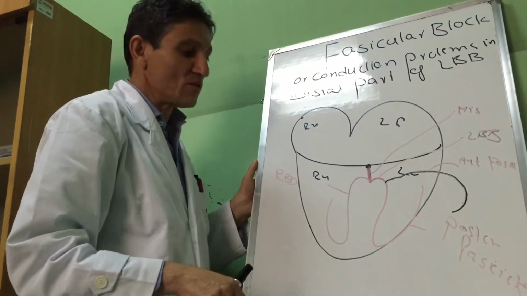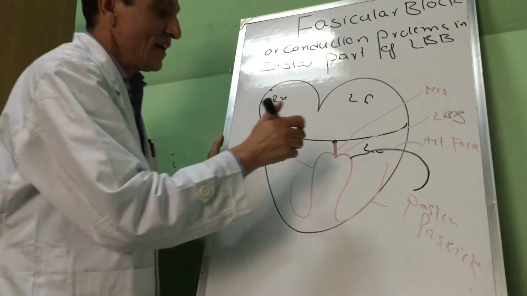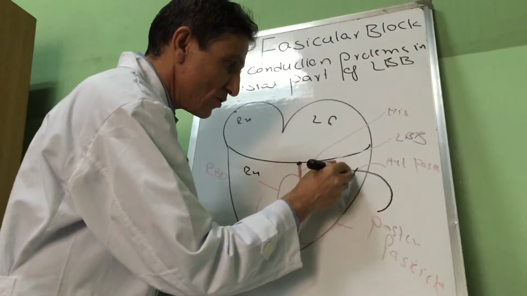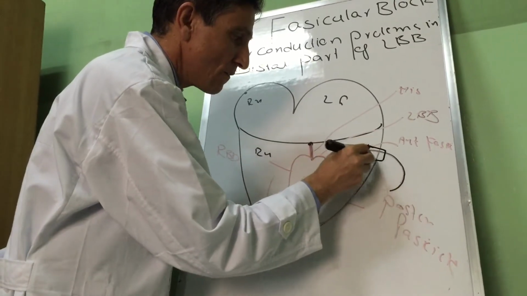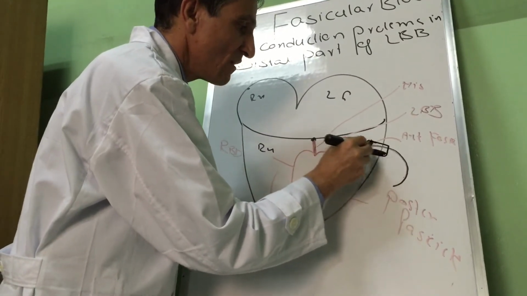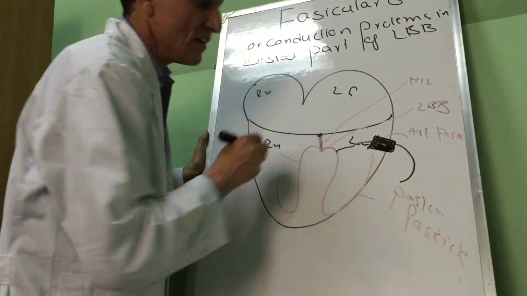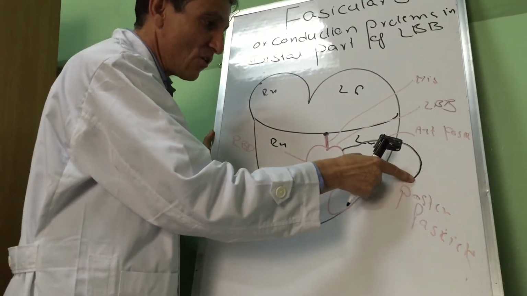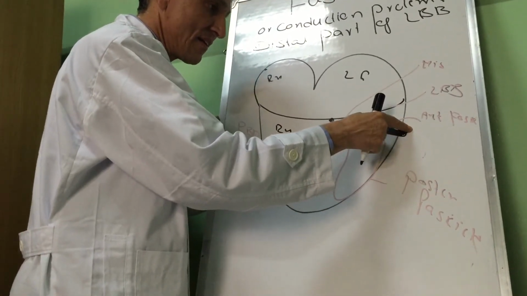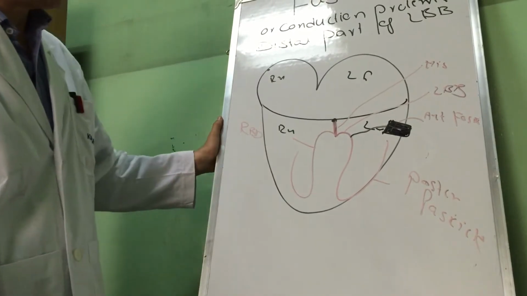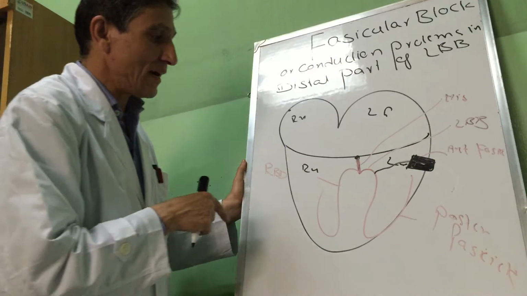Now we'll discuss the anterior fascicular block. Now, this fascicle is having a block. If the anterior fascicle block occurs, what really happens?